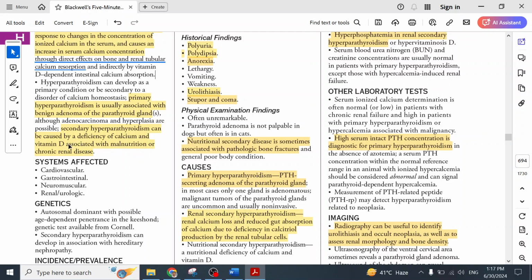The secondary one is related to vitamin D, malnutrition and also chronic renal disease or CKD, you can say. So these are the conditions of primary and secondary hyperparathyroidism. Systems affected are cardiovascular, GIT, neuromuscular, renal.